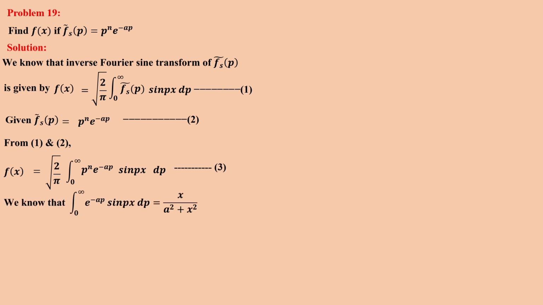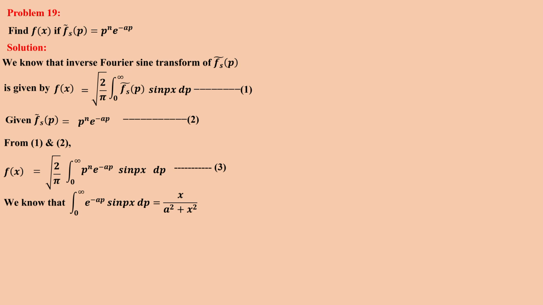We know the formula for integral 0 to infinity e power minus ap sine px dp, right? In the formula we have e power minus ax sine bx dx. Instead of x we have p, and instead of b we have x. So the formula is b by a square plus b square, where we have replaced b by x, and a is a.